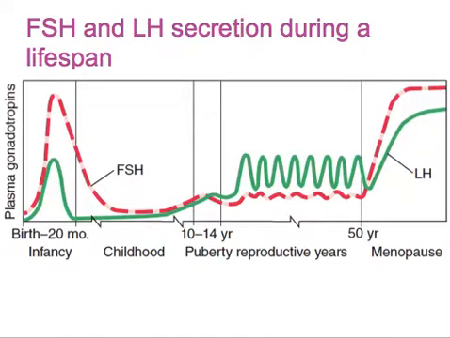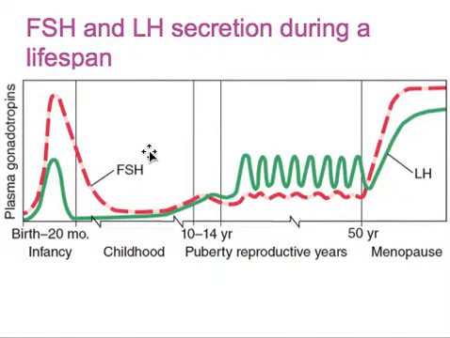So your FSH and LH secretion can vary during a lifespan, and this is very similar also to your testosterone. If you can recall, testosterone levels would vary depending on which part of the lifespan the patient is in. The FSH and LH are increased, of course, during the neonatal years. Here the green lines represent the levels of your LH and the broken red lines represent the level of your FSH.